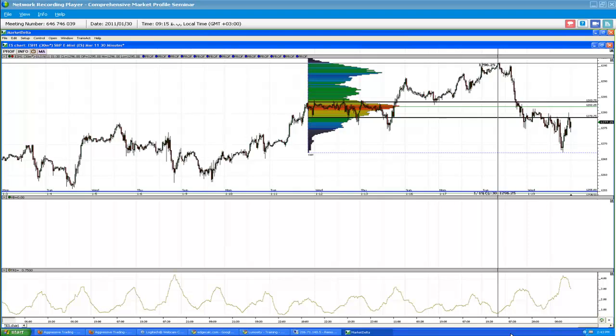It's maybe a range, but what has to happen here for this to be a balance? From what you see on screen, what has to happen? Both extremes have to be tested, right? It's not a balance until both extremes are tested. I'm sure Tom told you that.